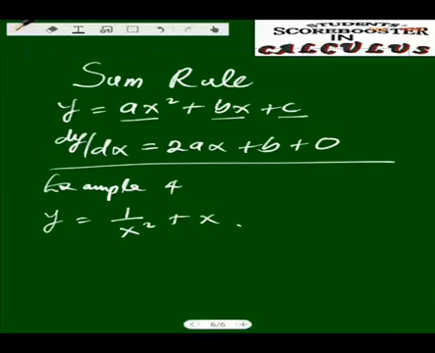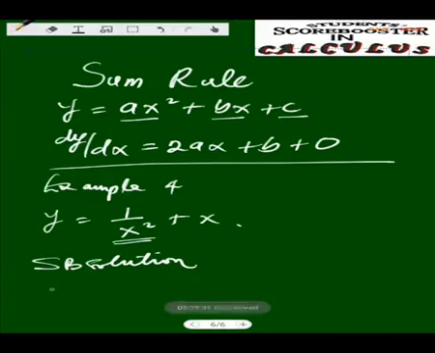Remember, you need to put this in a proper polynomial form before you will be able to handle it. So I will rearrange this one for me to be able to solve it. So I have the solution.